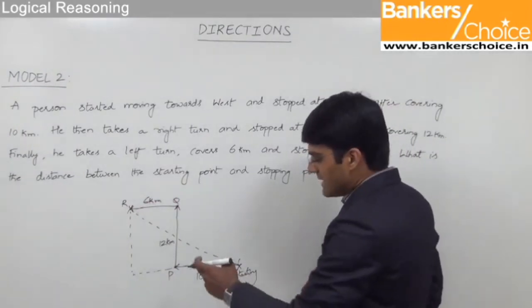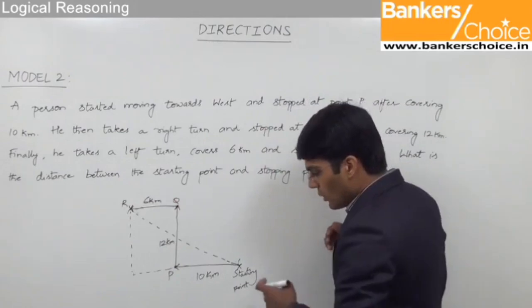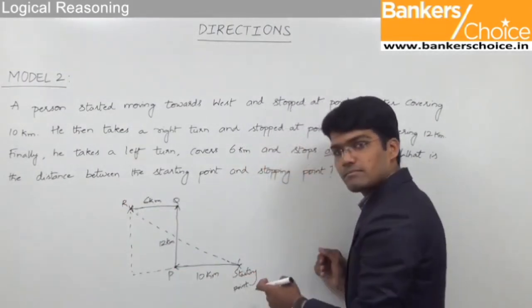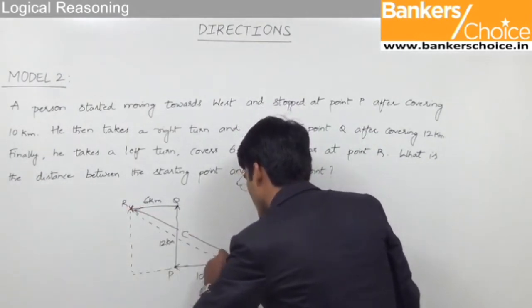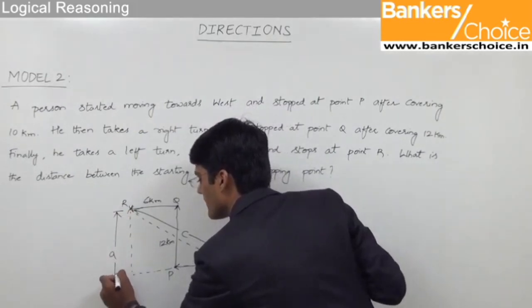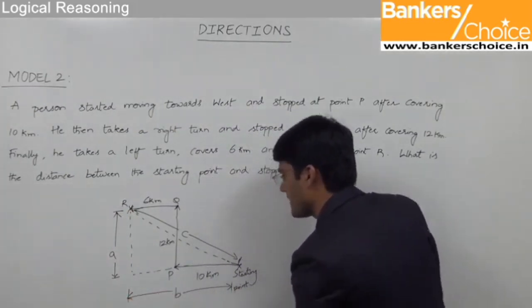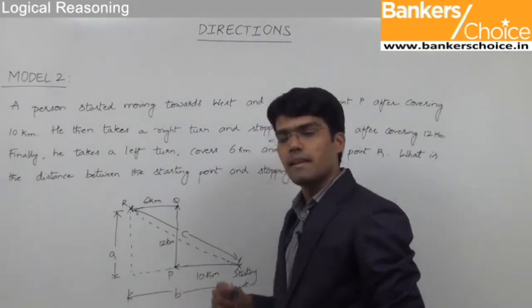So this distance can be obtained only if we know the other 2 lengths of this right angle triangle. Assuming that the distance between the starting point and the ending point is C, this length is A and this length here is B. So C can be calculated only when we know the lengths B and A.